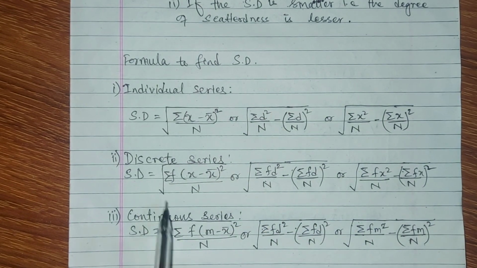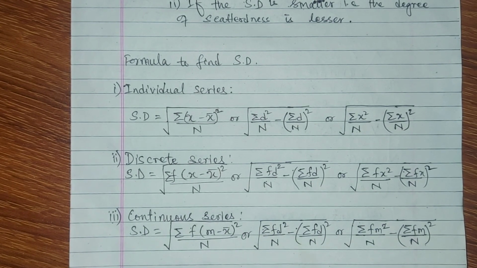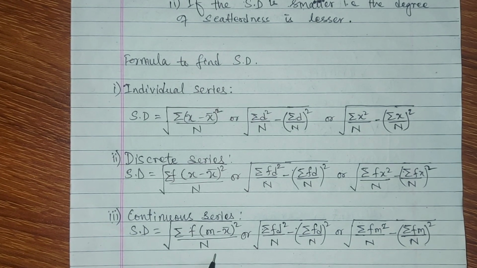So discrete series को यो फर्मुला छ, यति तीनटा फर्मुलामा कुनै एउटा याद गर्दा भइहाल्यो. अनि यो continuous series मा यो तीनटा फर्मुला छ, यसमा एउटा याद गर्दा भइहाल्यो.